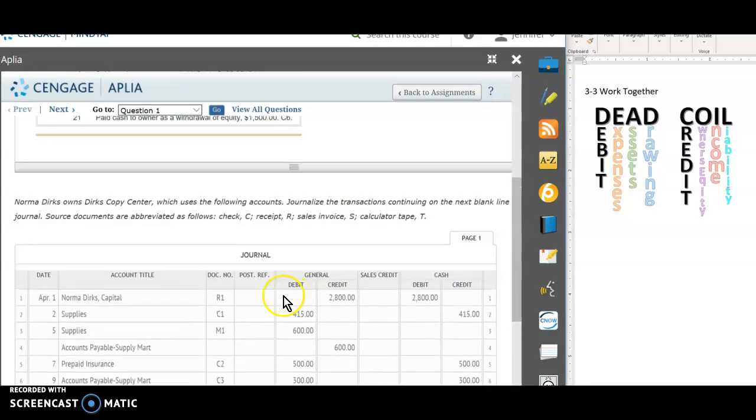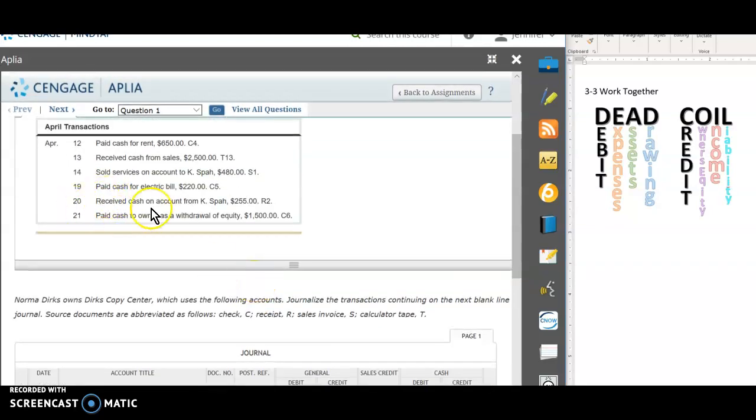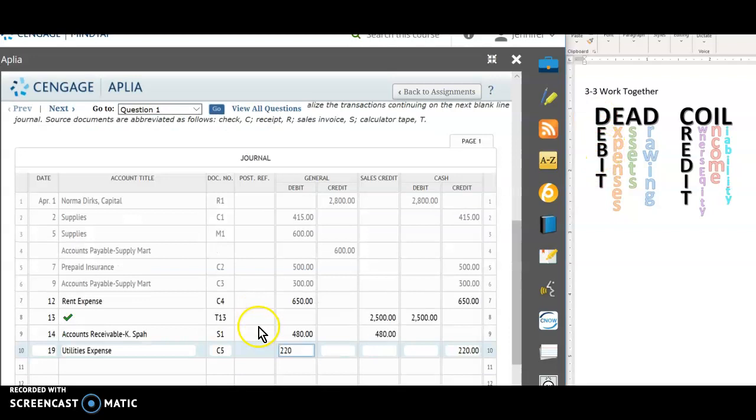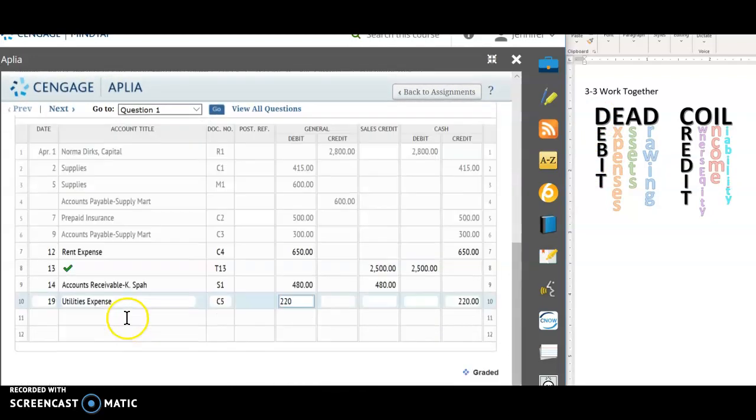All right. On the 20th, we received cash on account from K-Spa, so they're paying us part of what they owe us, $255. When we receive cash, cash is going up. That's the normal balance for an asset, so that's a debit. So cash is going to be a debit here, $255 on the 20th.